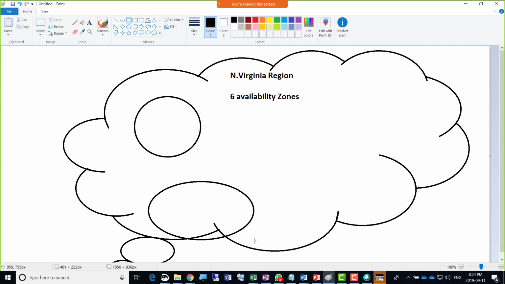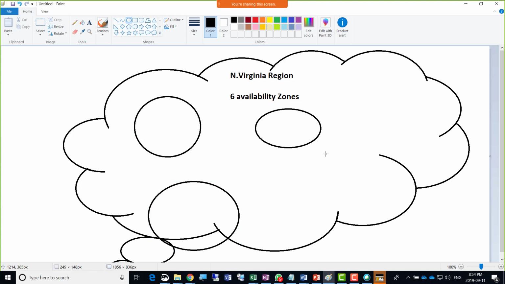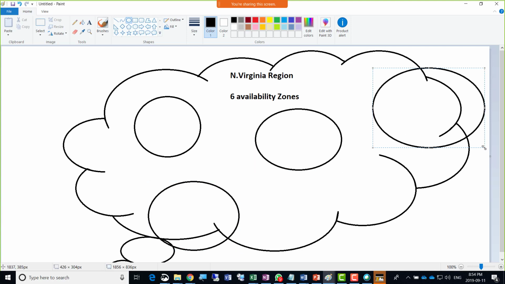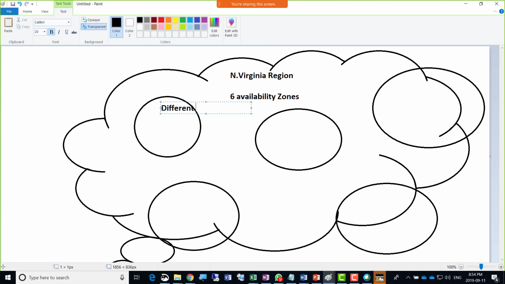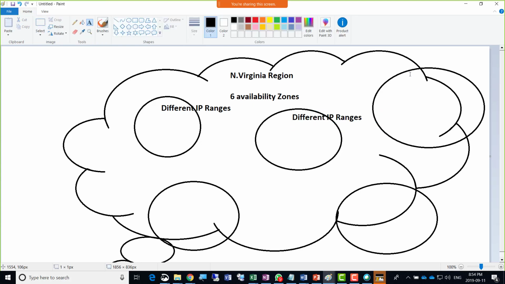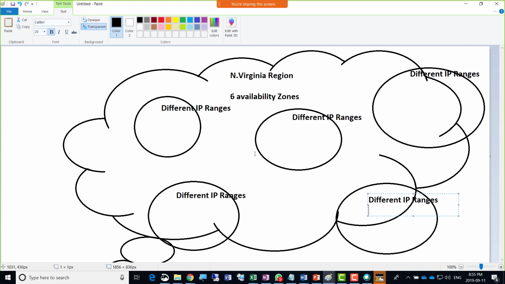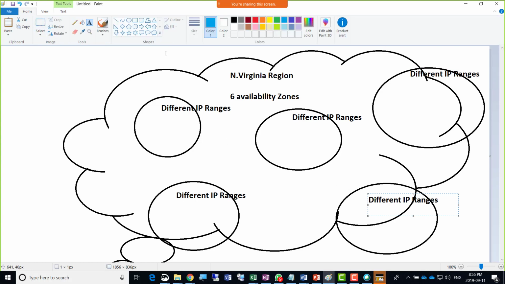And these availability zones, we have 6 of them, right? They are separate. They have different IP ranges and schemes, and in terms of security, just like you would create a VLAN inside a network. I hope we understand what a VLAN is. And then within those are data centers one by one, right?